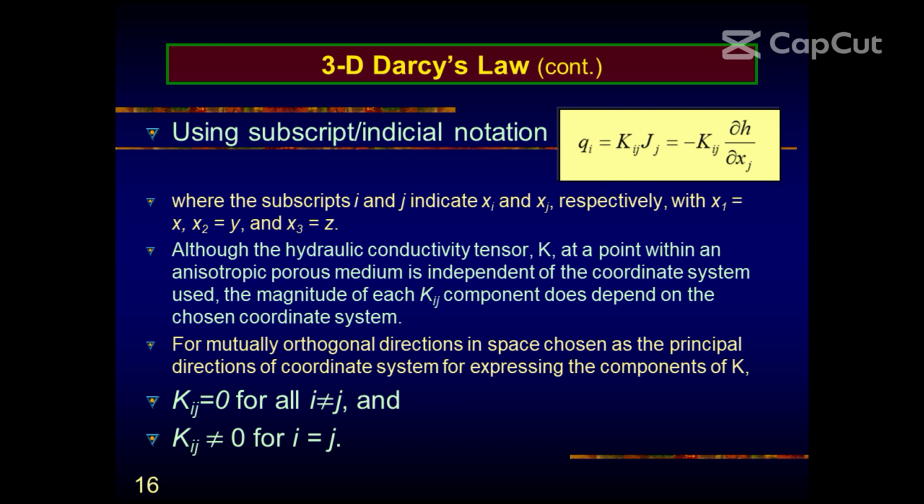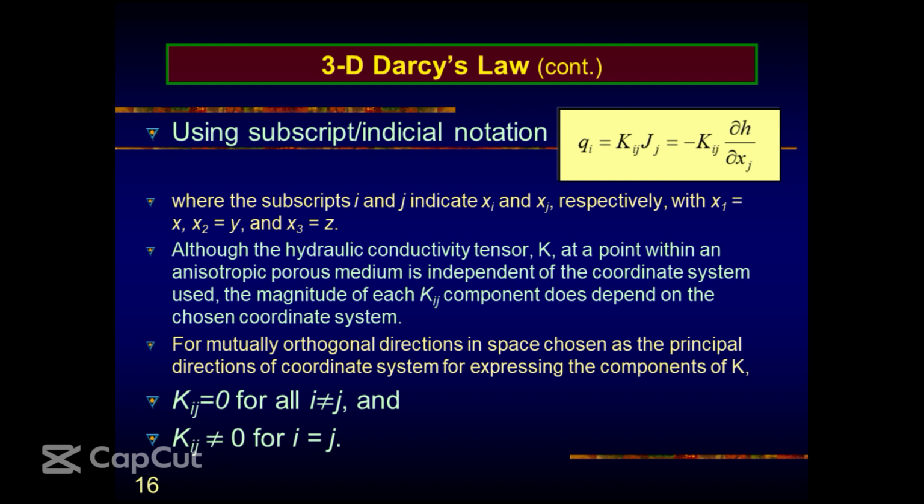Although the hydraulic conductivity tensor at a point within an anisotropic porous medium is independent of the coordinate system used. I told you we have many coordinate systems: the Cartesian coordinate system, cylindrical, polar, Euclidean, and a lot of them, isn't it? So the hydraulic conductivity tensor at a point is independent of the coordinate system used, but the magnitude of each of the components depends on the chosen coordinate system.